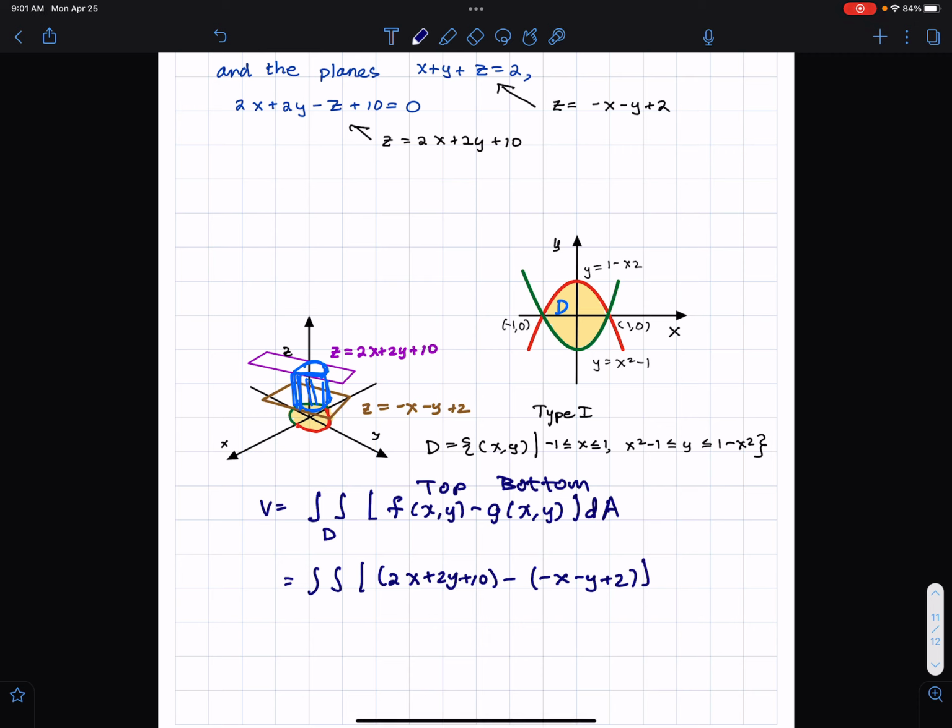And then, what's dA? This is a type 1 region, so I integrate with respect to y first and x last. X is between -1 and 1, and the y values go from x squared minus 1 to 1 minus x squared; I put those first, and that's dy.